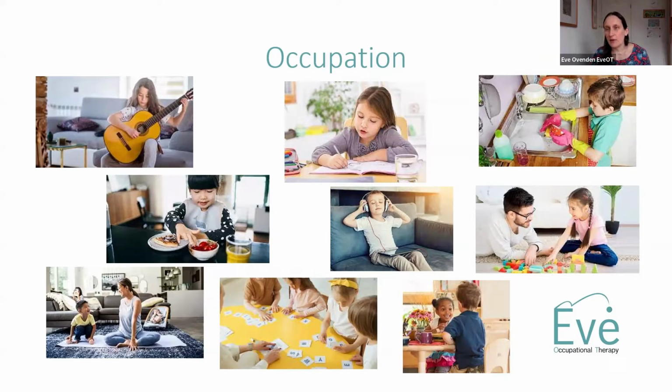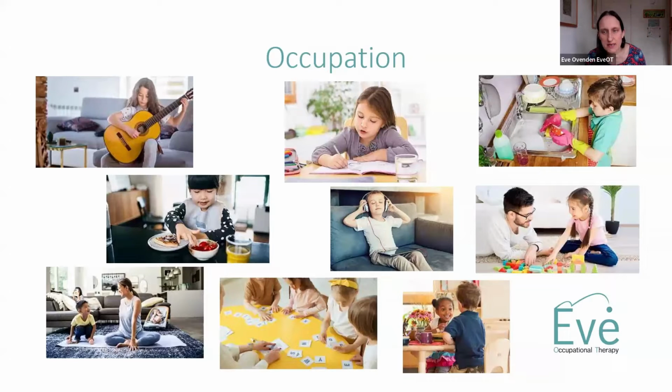So it's thinking about, especially if you're working in a local authority or NHS service where it's a one chair policy, thinking about maximising the number of activities that they can do from that seat, and thinking about where children play as well, which leads us on to the environment.